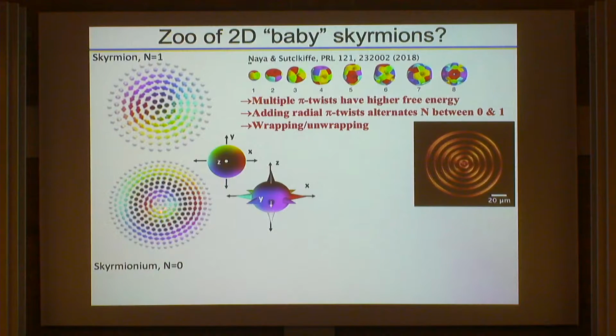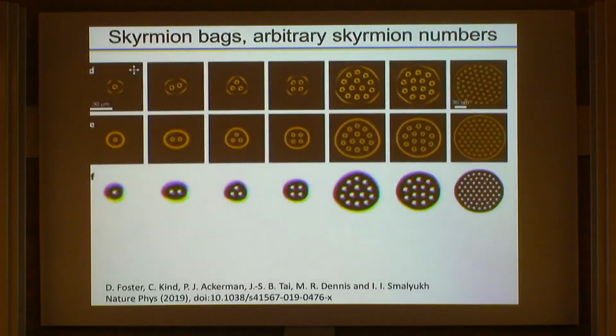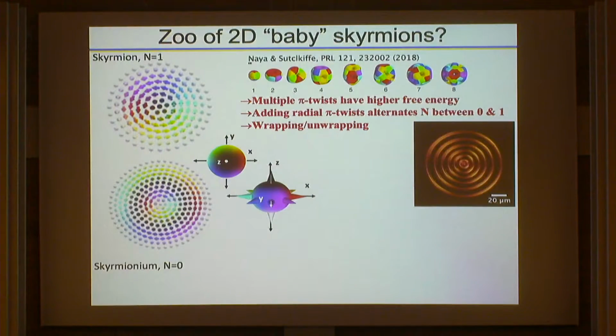In fact, if you twist an integer number of times, then you could also have another structure that in magnetic systems people call target skyrmions, where you can have some integer number of twists of magnetization or director from center to periphery.